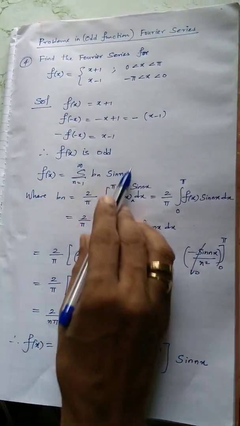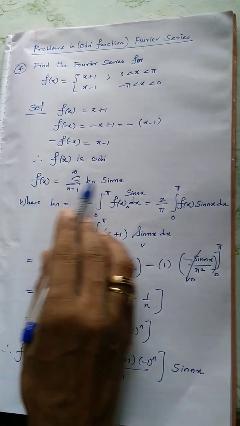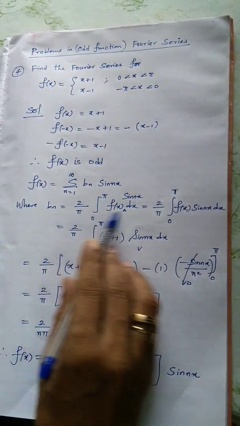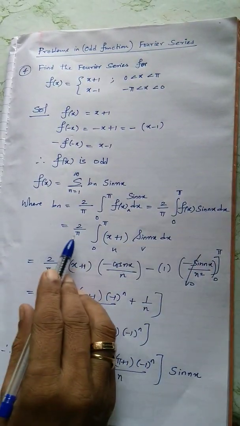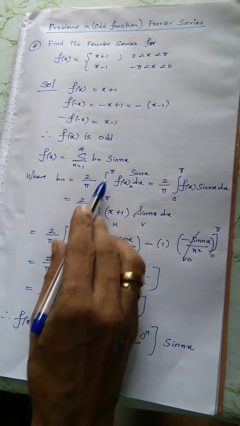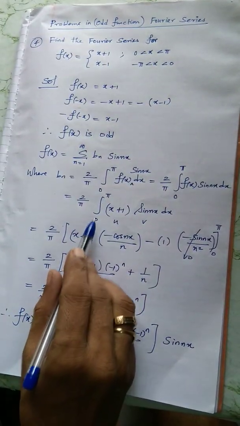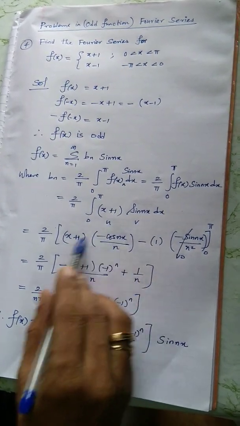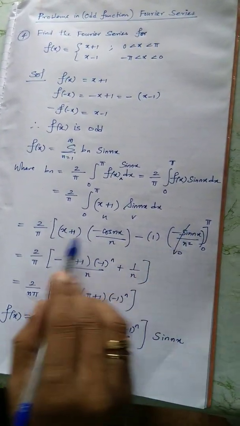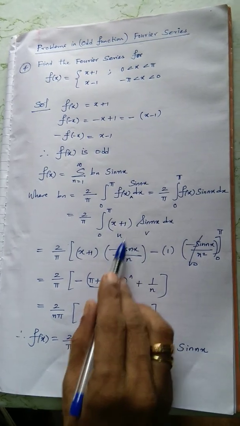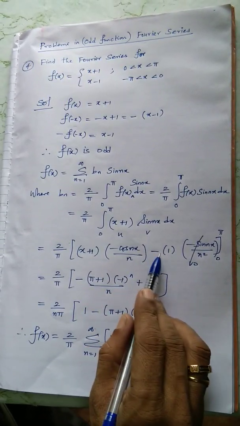Therefore for this odd function, the Fourier series is f of x equals sigma bn sine nx, and what is bn, I'll rewrite. Now substitute the positive part of the interval here, x plus 1 times sine, apply Bernoulli's formula. You know very well, x plus 1 is u, integrate sine to get minus cos nx by n, and so on.